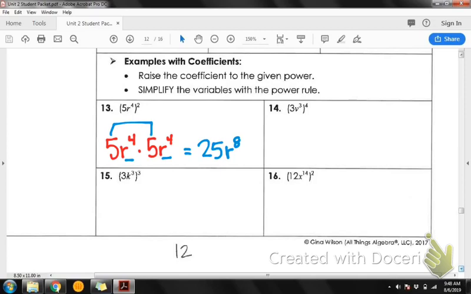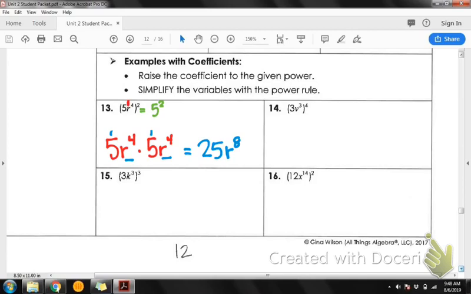Now let's talk about how we get 25r to the 8th by looking at the problem differently. If you look up here, this is like saying 5 squared, because what's the exponent of that 5? What's the hidden exponent of the 5? Remember, there's really a 1 right here.